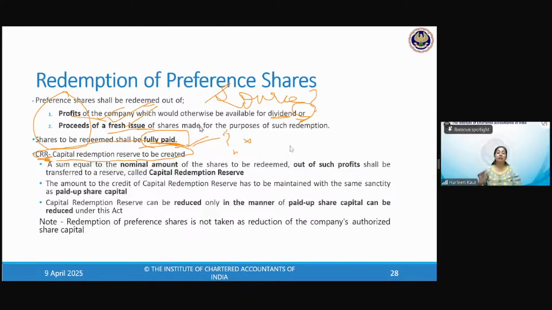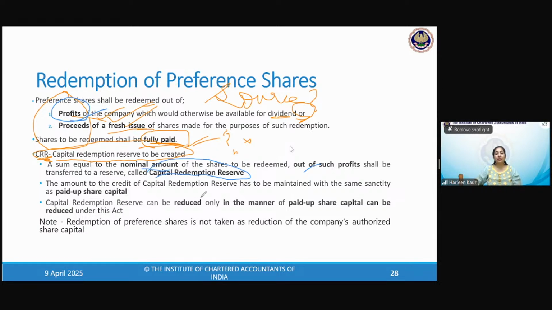Okay. CRR is out of the profits. If you are redeeming the preference shares out of the profits of the company, now let's move to another pen because we're doing a new topic. So when you are redeeming the preference shares from the profits, a nominal amount of the shares to be redeemed out of such profits shall be transferred to the capital redemption reserve account.